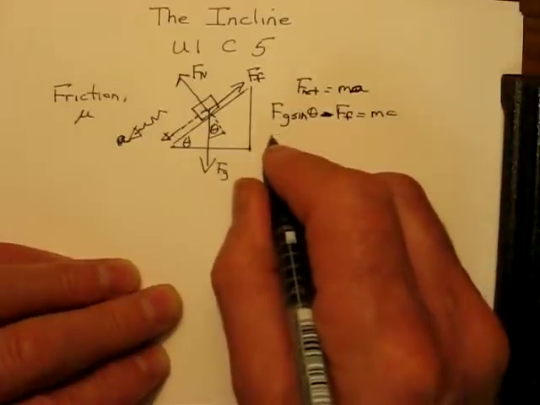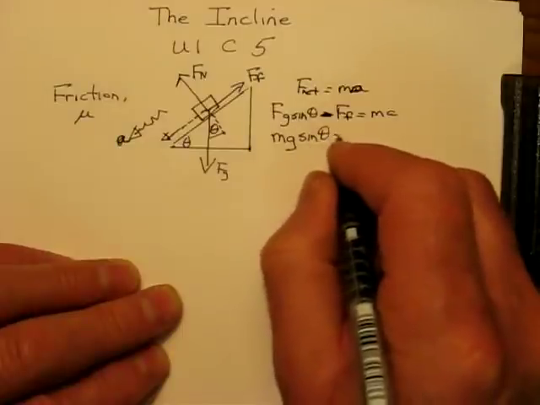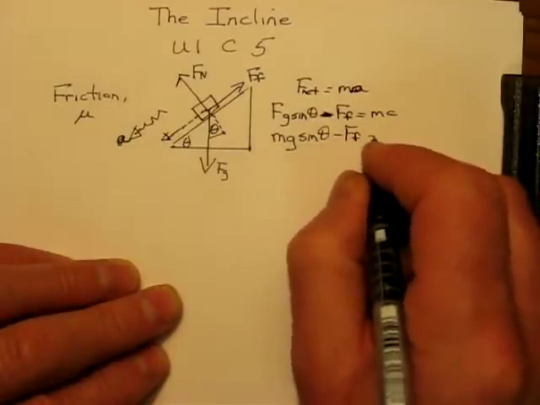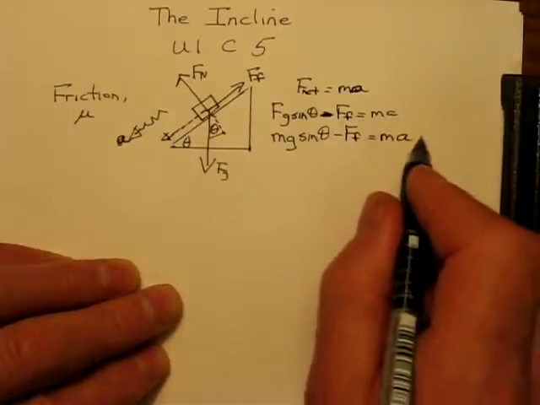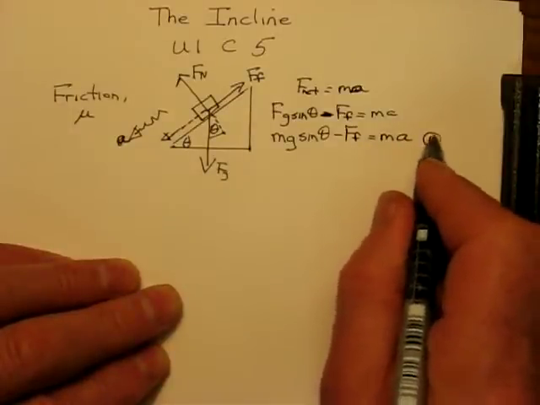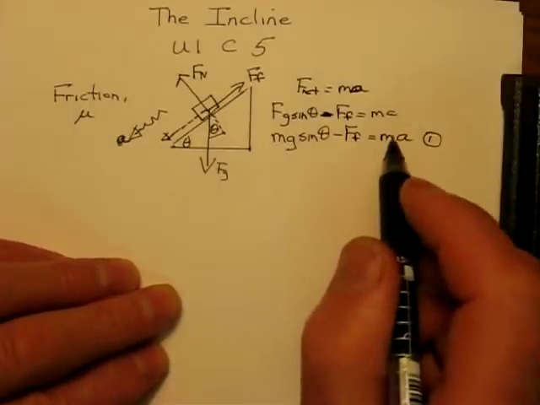We'll replace the Fg by mg. Mg sine theta minus the force of friction equals ma. And that's as far as we can go with that particular equation. We have no values, in this case no numbers to substitute in, but we would work with that equation.